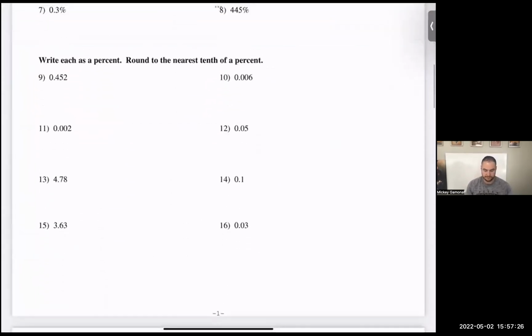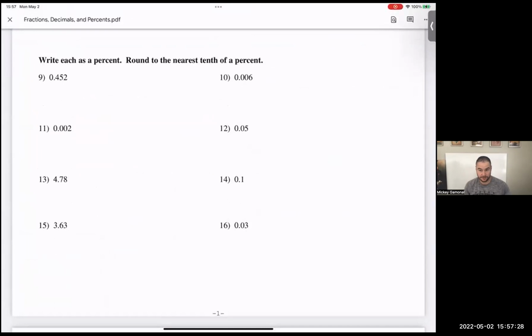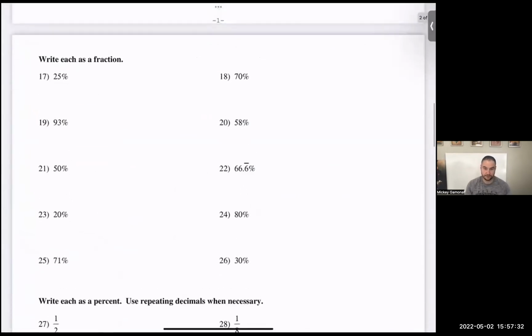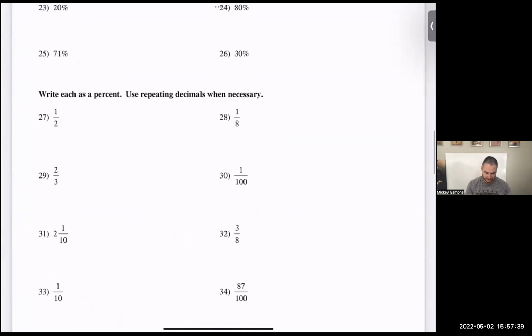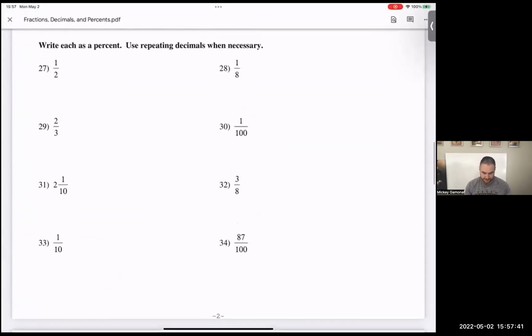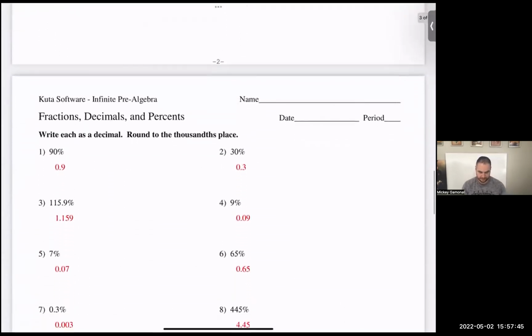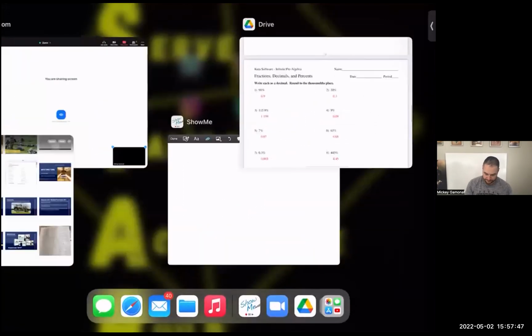Write each as a percent. Again, that's going to be very similar, but in reverse. This is where it gets crafty. Write each as a fraction. And so we're going to remember that rule that percents is out of 100. And then write each as a percent using decimals when necessary. Cool. And then there's all your answers, of course.